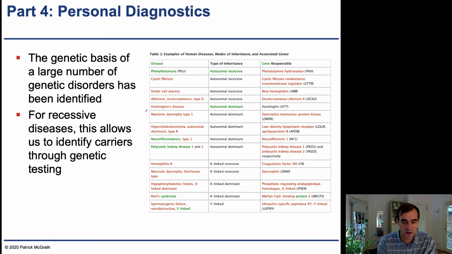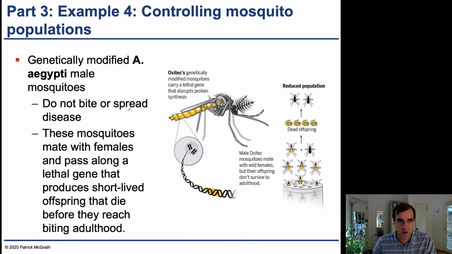And then finally, we'll talk about mosquitoes. There has also been engineering in order to control mosquito populations, in particular this species, Aedes aegypti, and the approach is to actually manipulate male mosquitoes.